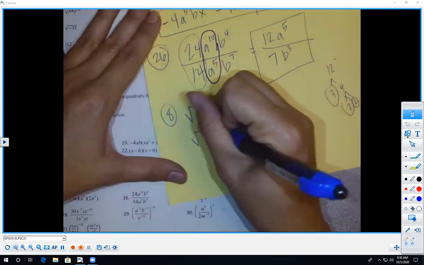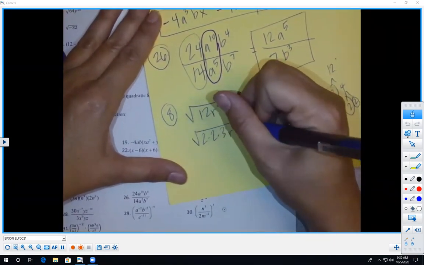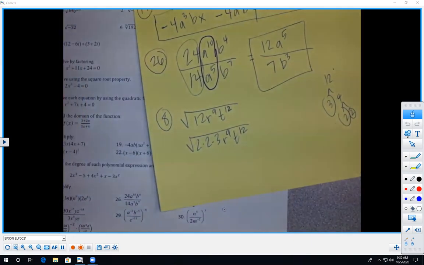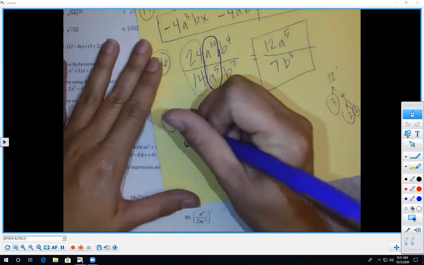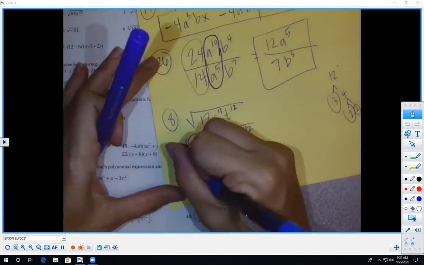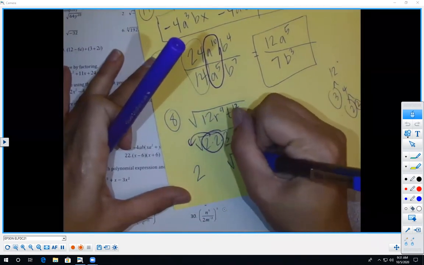So this is 2 times 2 times 3. 9 r's and 12 t's. I can take out groups of 2 here, so I can take out the 2's, put it on the outside. So 2 is going to be the number on the outside. I'm going to leave some space for my letters. And then the number left on the inside is 3.